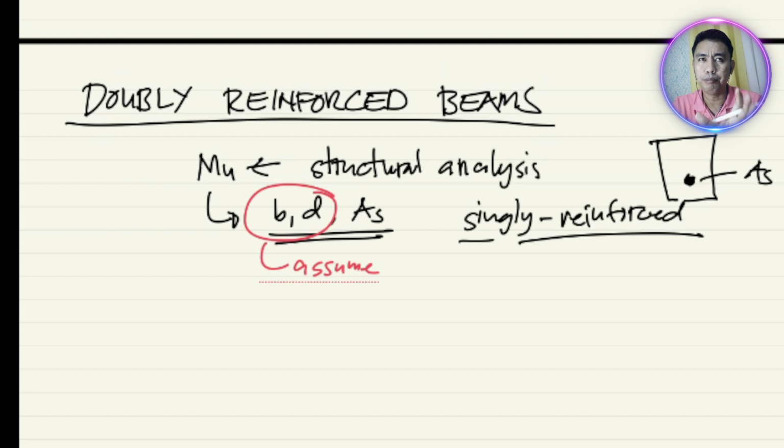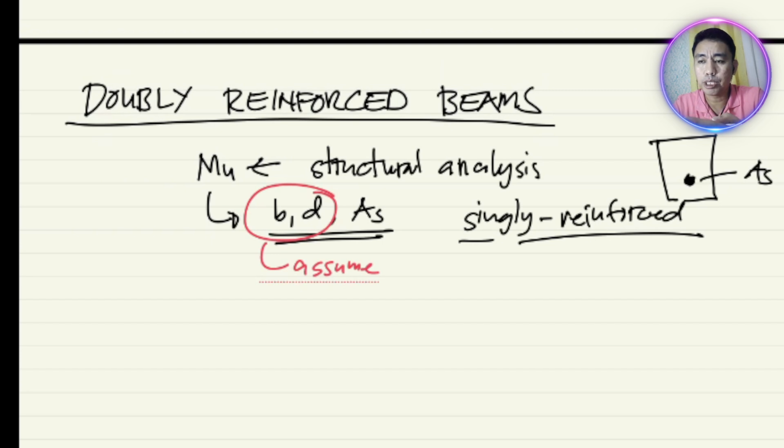Let's say when you're designing 6 meters and a two-story building, by practice you can estimate yung width ng beam at saka depth ng beam. So in NSCP, we have the minimum depth ng beam.